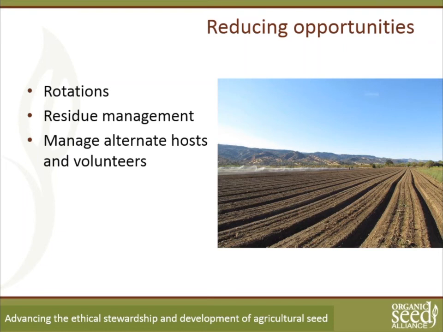The length of that rotation will depend on what the crop is and what diseases you're trying to manage, because essentially what you're trying to do is give enough time for diseased spores or pest eggs to eventually lose their viability before you come back in to plant again.